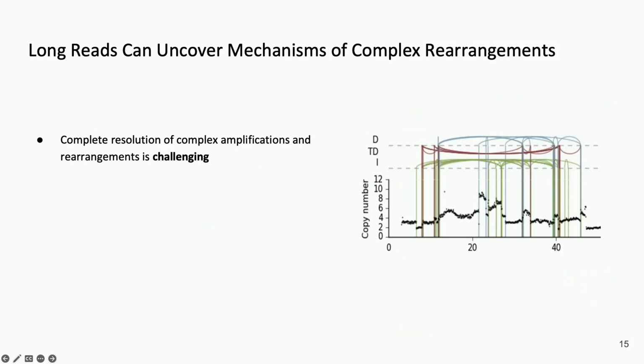And what we think is that long-read sequencing technologies can help us to uncover the mechanisms and better characterize these complex structural variants. In general, it's a very challenging problem because it can lead to chromosome-scale copy number aberrations and complex rearrangements, as you can see in this example.